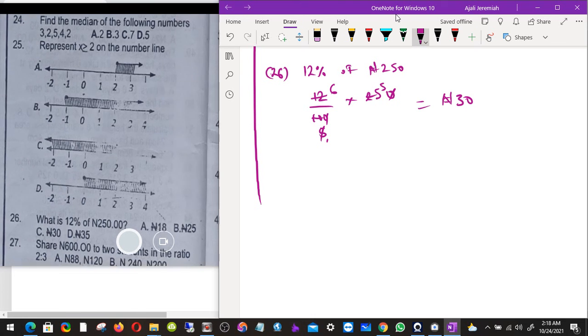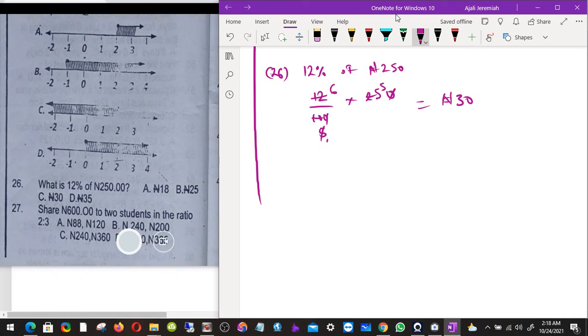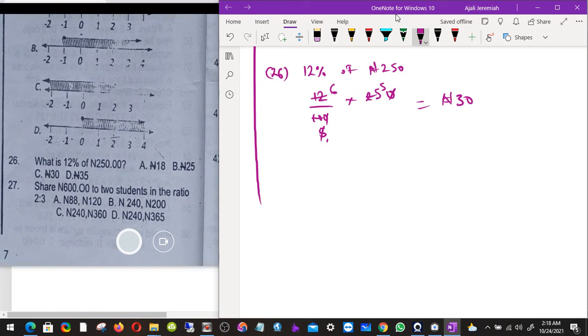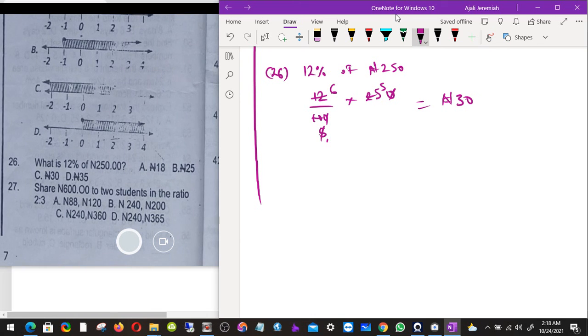Number 27 says share 600 naira to 2 students in the ratio 2:3. So 2:3 and we're sharing 600 naira.